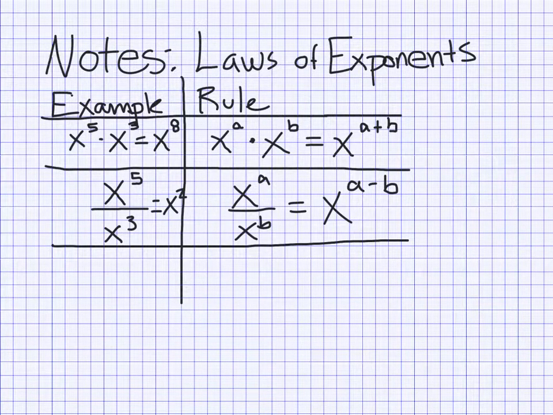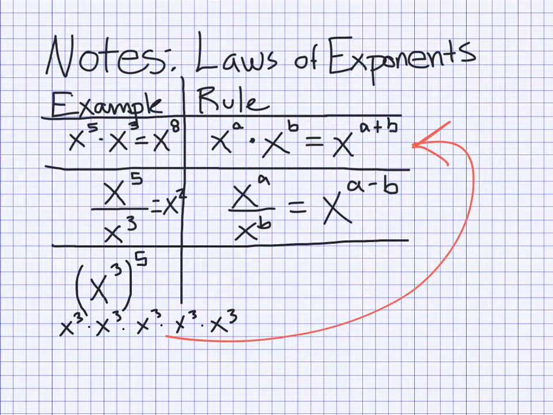Okay, now let's look at what happens when you have the power of a power. So let's say we have x to the 3rd, to the power of 5. We remember that means what we're doing here is 5 groups of x to the 3rd. And of course, once we write it out that way, we can see that by using our rule from up here, that would just give us x to the 15th.